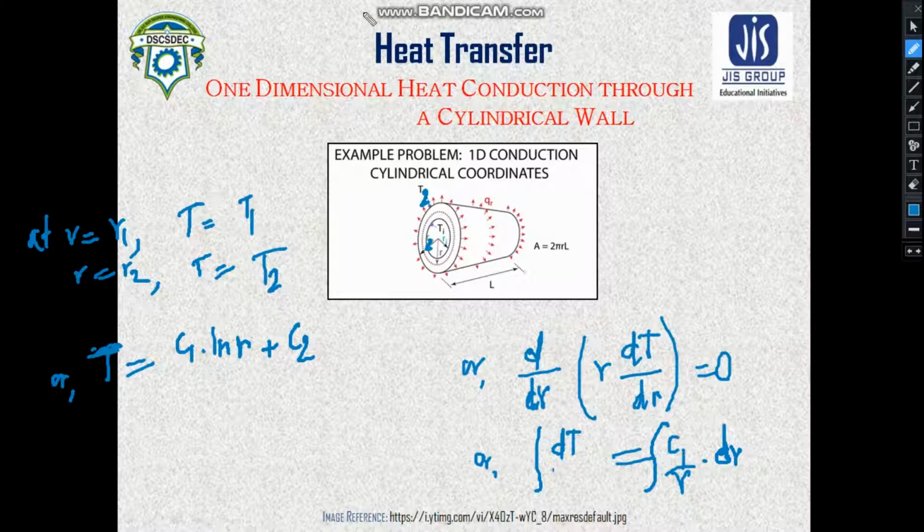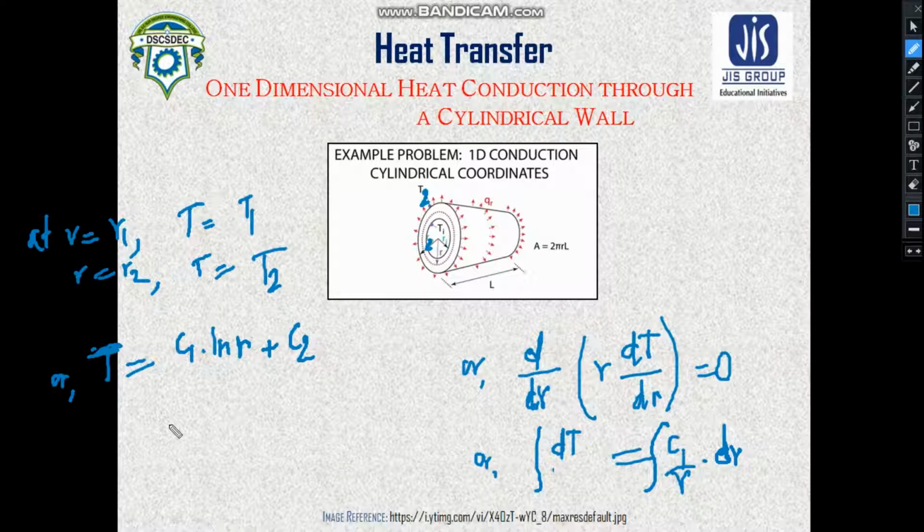I hope you are able to understand these facts. Now if we solve this, putting r equal to r1 and T equal to T1, we will find two equations have been created.